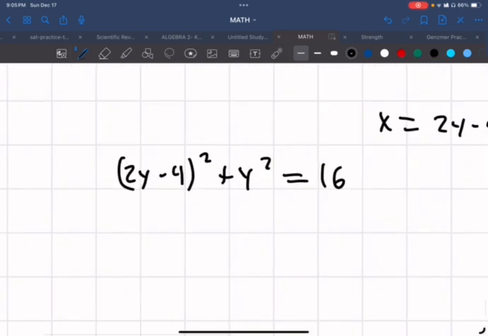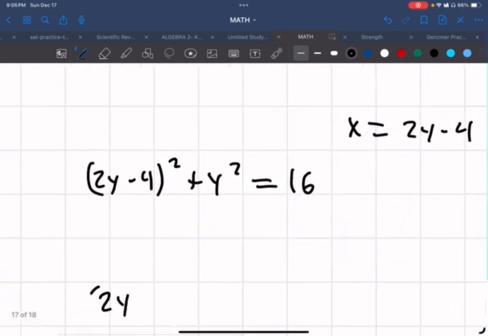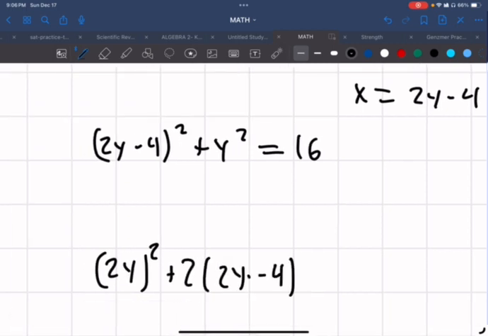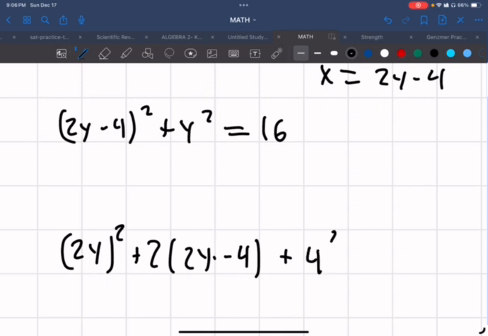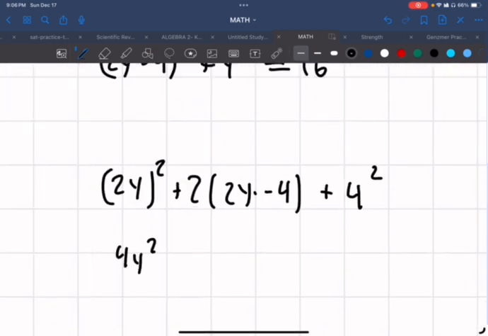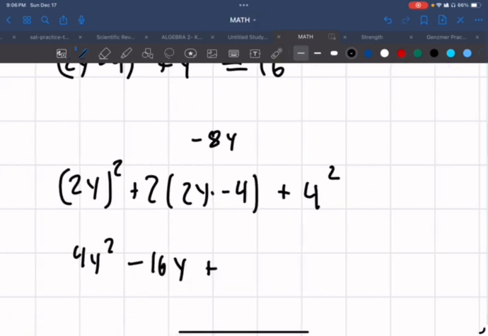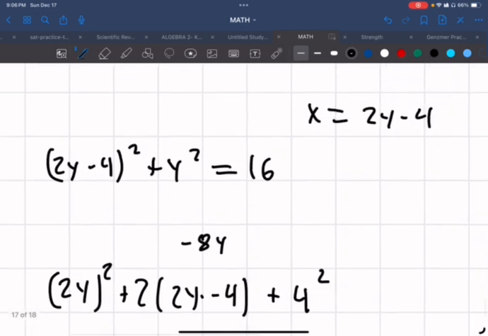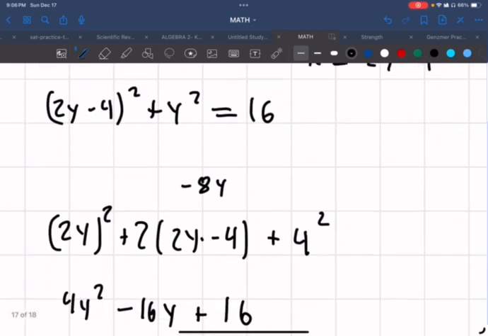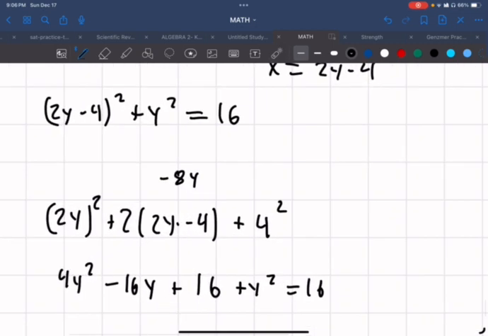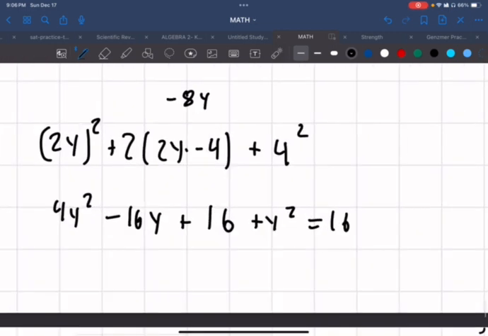Yes, okay. So 2y minus. Okay, this looks wrong for some reason. I don't know why.